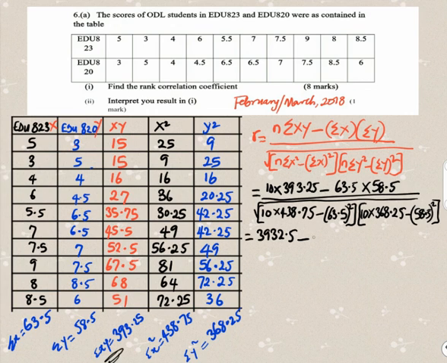Wow, this will be 3,714.75 over the root of 10 times 438.75, which will give 4,387.5, then minus 63.5 squared. I'm going to square that: 4,032.25.